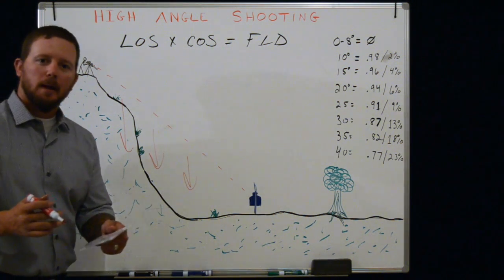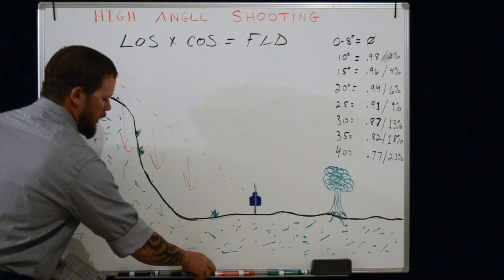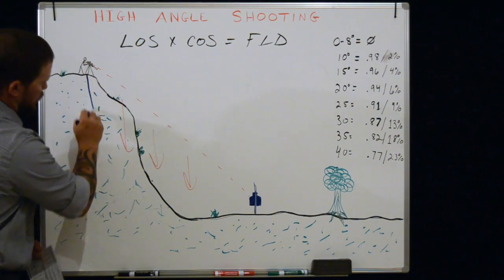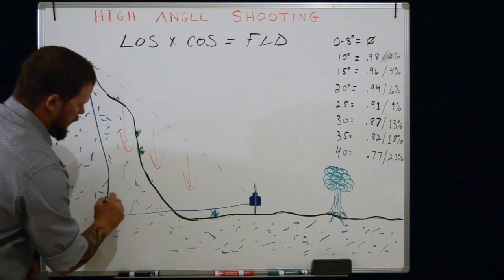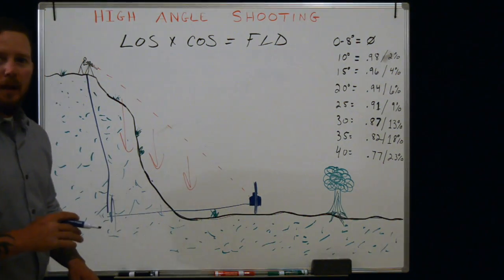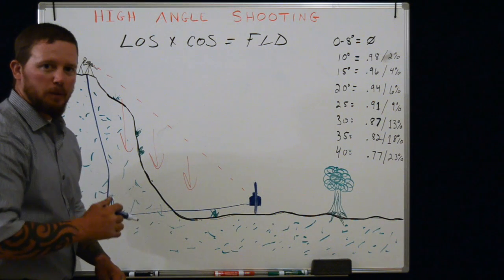So if you go back to that middle school math class, we have to do a little bit of trigonometry here. We're going to come straight down and over. This area right here, this would be our flat line distance. That is the distance that gravity is affecting our projectile.